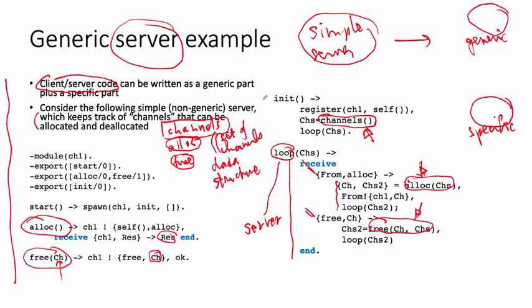Okay, and I want to turn them into a server. So I create a server here. Notice the server, I register it. I call it ch1, channel 1 server, and it will run in a loop, and it will take two kinds of messages, an allocate and a free. And then I have an interface here where I can turn them actually into functions, where the allocate function will send an allocate message to the server, and it will receive the allocated channel, and the free function will send the free message to the server. Okay? So you see how it works, huh?